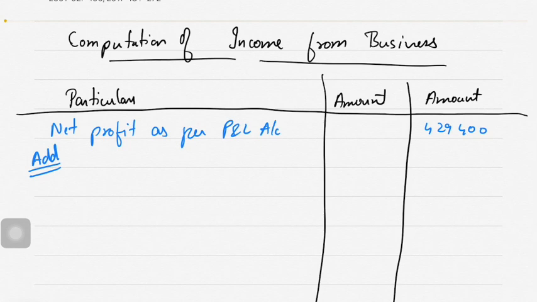Add disallowed expenses or expenses to be treated separately.